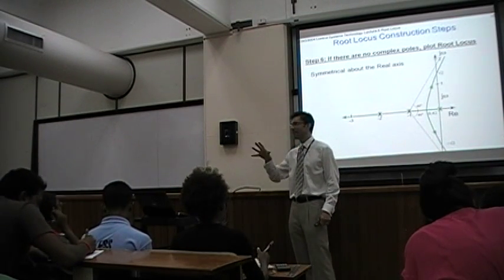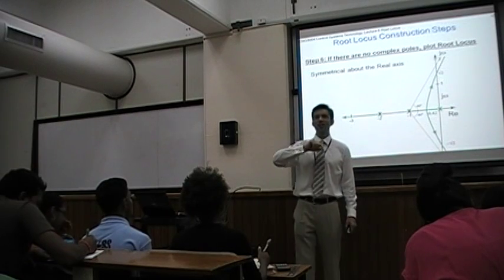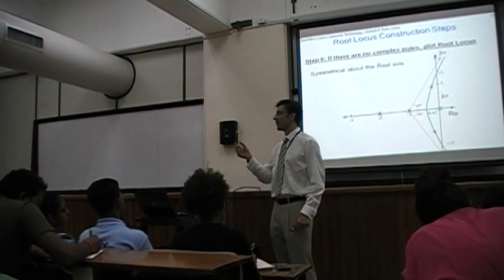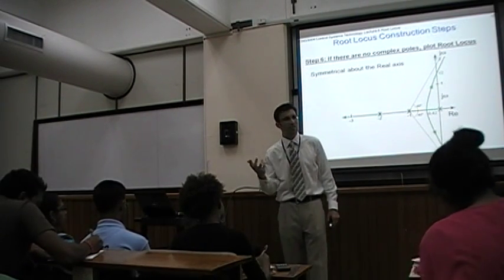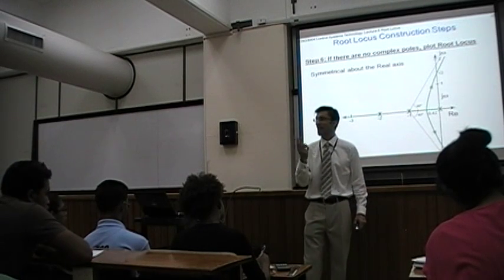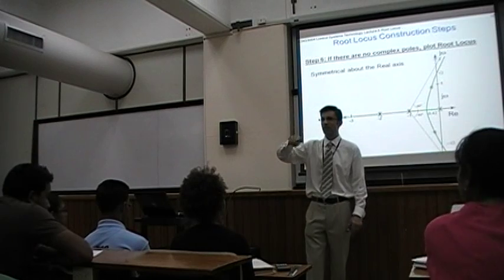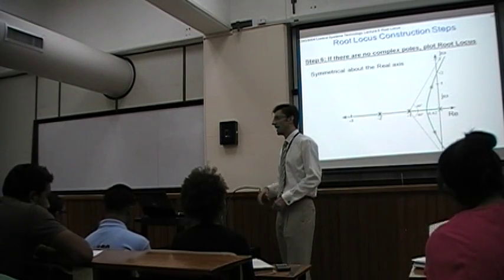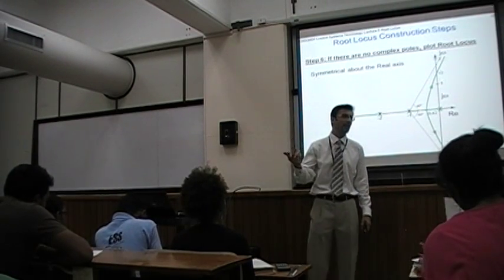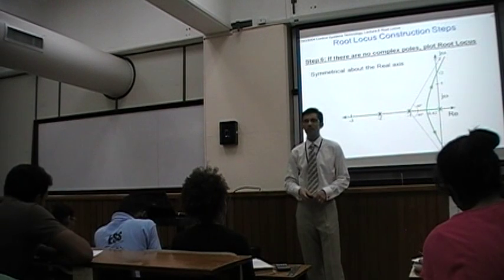So we want one angle for each asymptote. If you've got 3 poles and 1 zero, then you'll have 2 asymptotes, because 1 pole will go to a zero, but the other 2 will go off somewhere else. So we'll have k equals 0 and k equals 1, or 2 values of k.